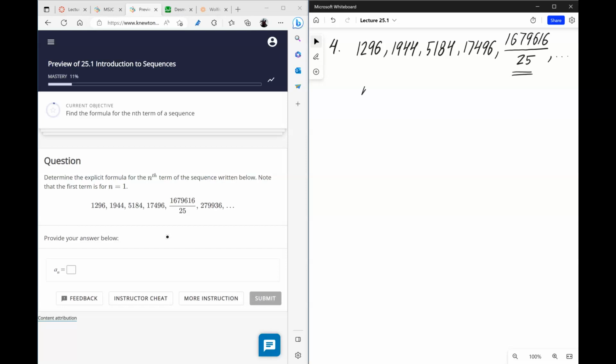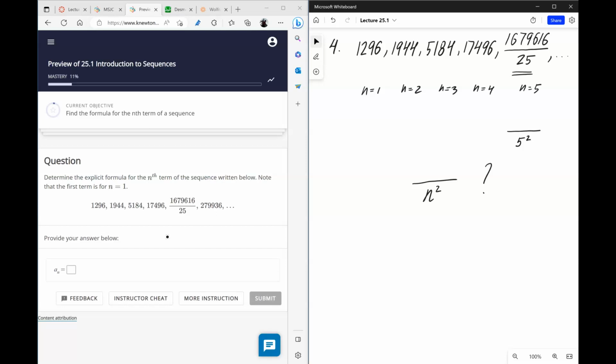So when n equals 1, n equals 2, n equals 3, n equals 4, when n equals 5, here we see 5 squared, and it could be part of the pattern, right? So the pattern could be we're dividing by n squared. This is our guess.